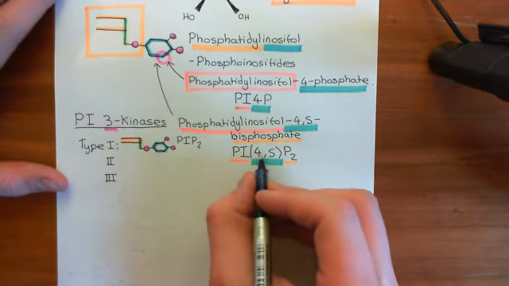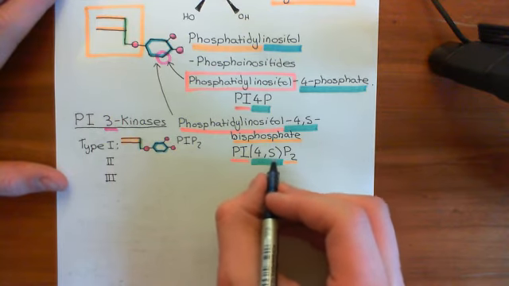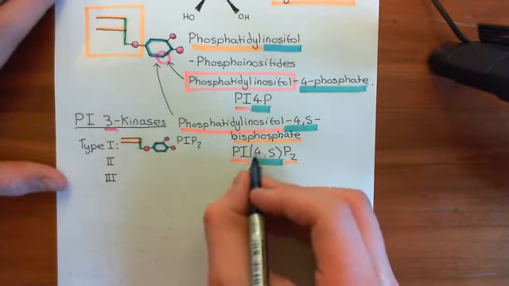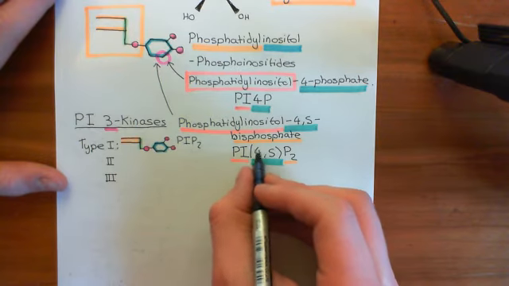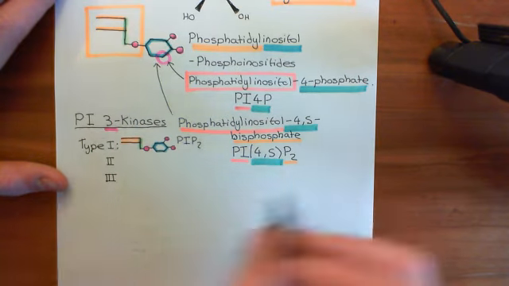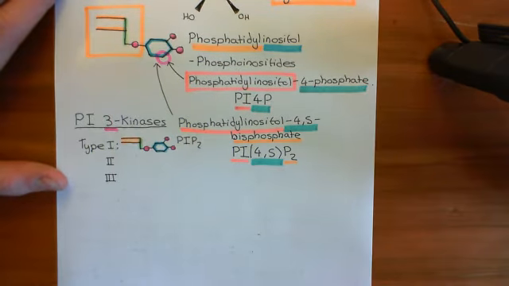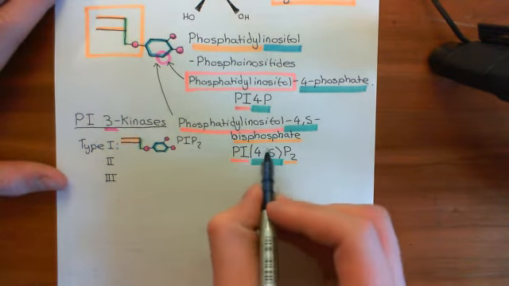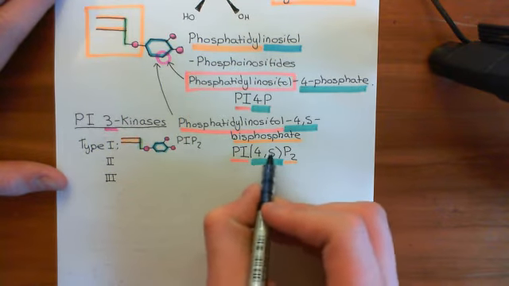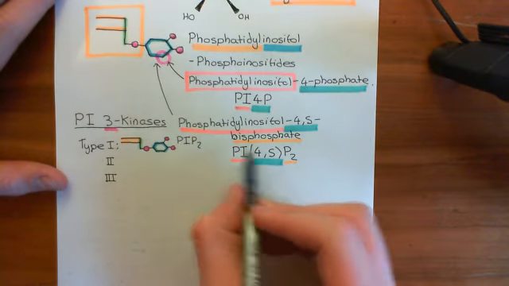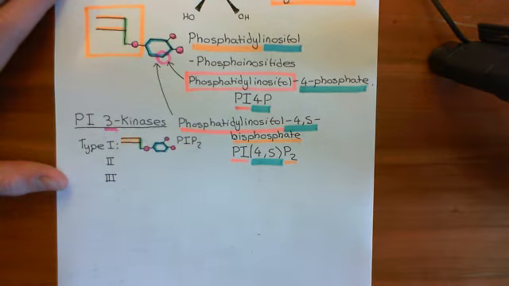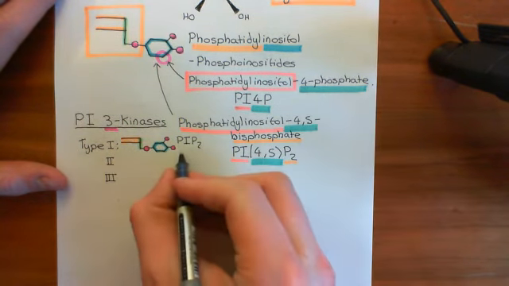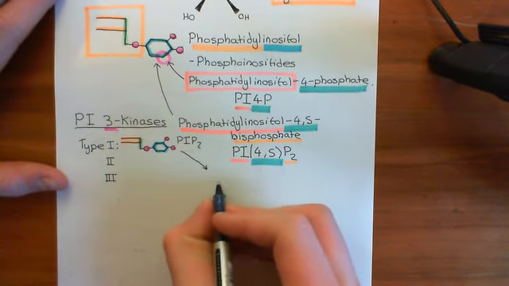If they weren't, people would make it very obvious that they meant something different by putting brackets here and maybe having 3,4-bisphosphate or something like that. So if people don't specify which carbons of the inositol ring the phosphate groups are coming off, you can assume it's 4,5.